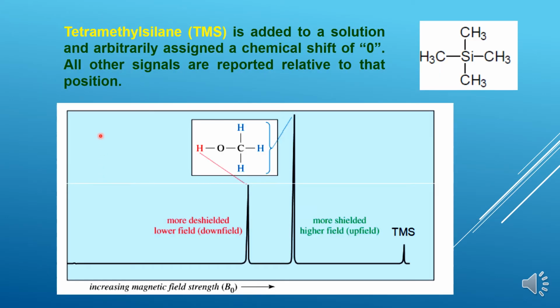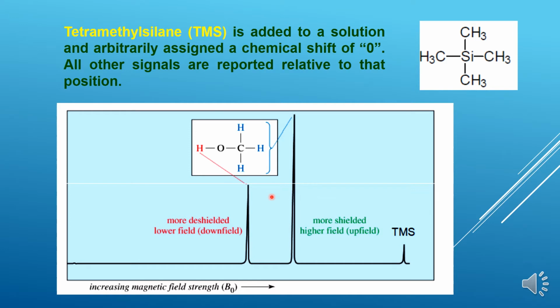This is best illustrated with an example like methanol. Methanol has two types of protons: one is the three methyl protons, and the other is the hydroxyl proton. These are two different sets of non-equivalent protons.